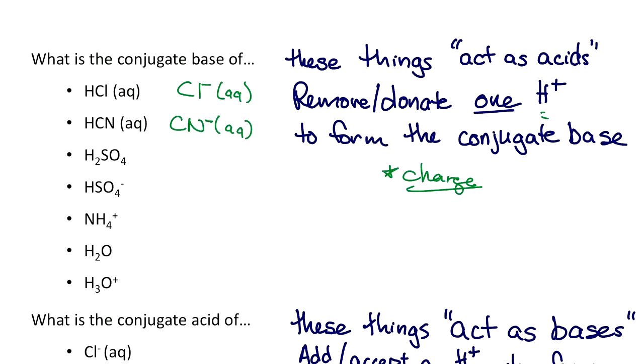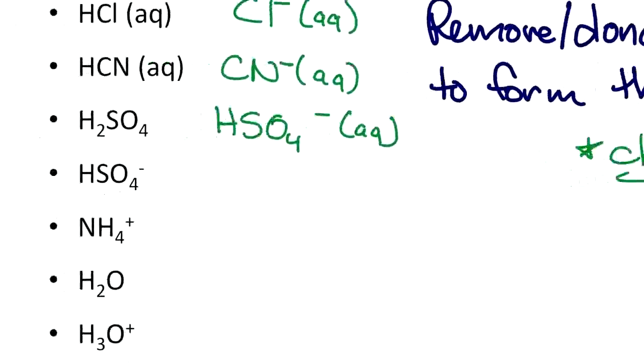H2SO4. HSO4, yeah. So remember here, we're donating one proton, only one. What's the charge? Minus, yes. Aqueous. So you might notice here, we didn't take both H pluses off at the same time. Conjugates only differ by 1 proton. But if you look at the thing that we made here, there's still 1 hydrogen left.